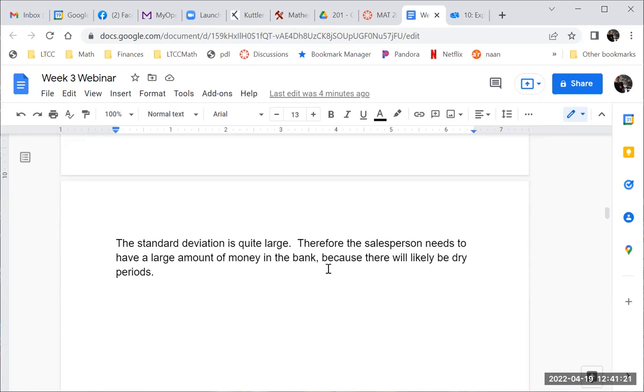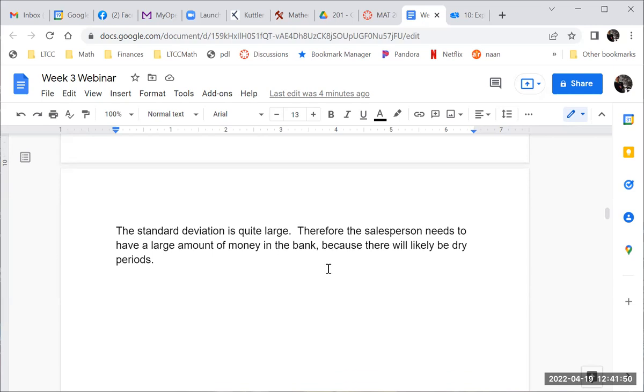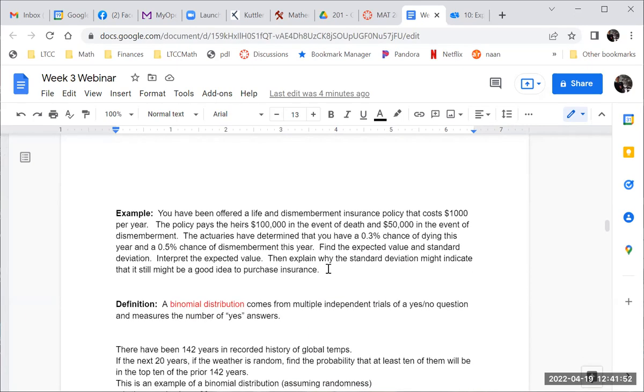In fact, one of the biggest reasons why businesses fail in their first year, which I think is over 50% of businesses, is that the standard deviation is large and they don't have enough money to back up their loan when things go bad, and then they fail. So that's a real common thing with businesses. In this example, you want to have a lot of money in the bank. All right, so let's do another example.